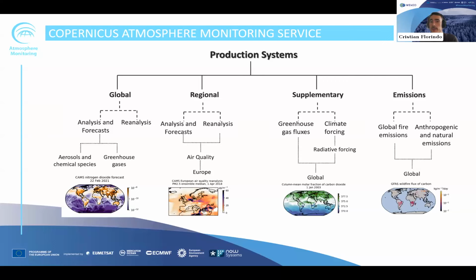And you will find a lot of variables that are used in forcing models, and data on analysis, pre-analysis, forecast, and products on air quality. So it's a full range as well, but of course it's more focused on the gas composition of the atmosphere.